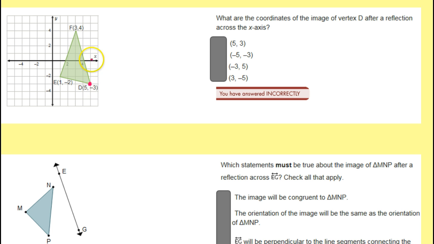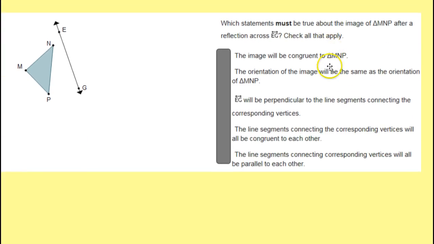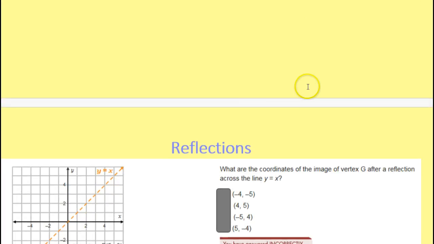This is 3 units below the x-axis, so we're going to go 3 units above the x-axis, which would be right here. The coordinates of that point should be (5, 3). So I'm saying the answer is going to be this first one, (5, 3). Boom! Looking good. All right, let's keep going.